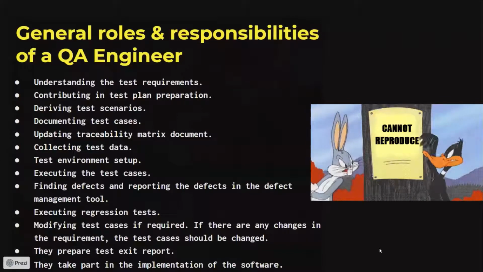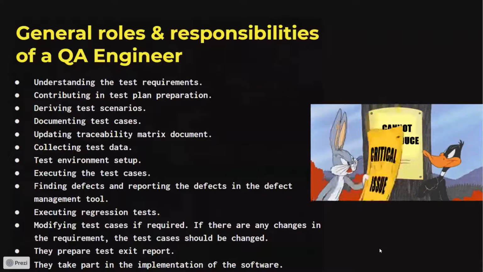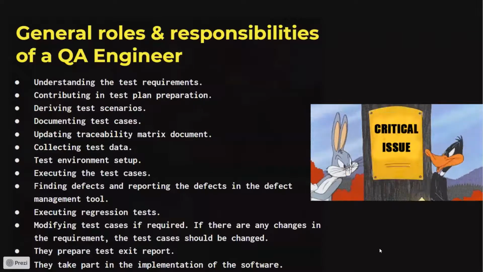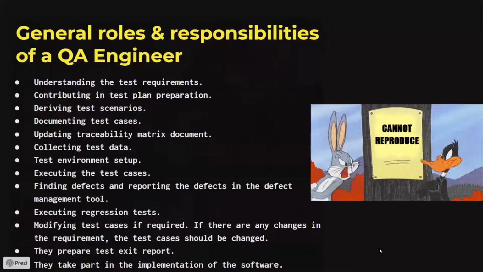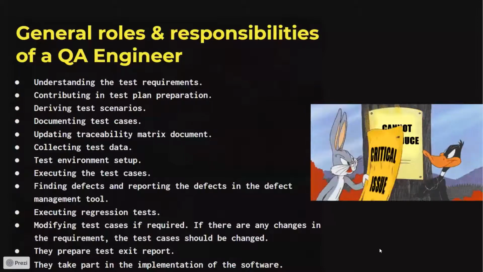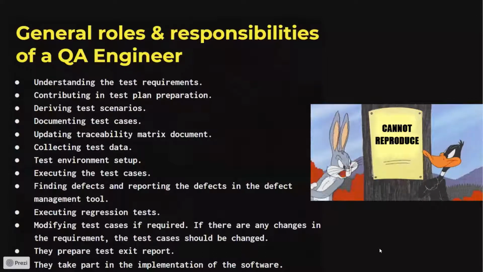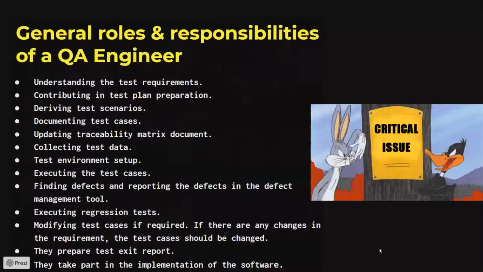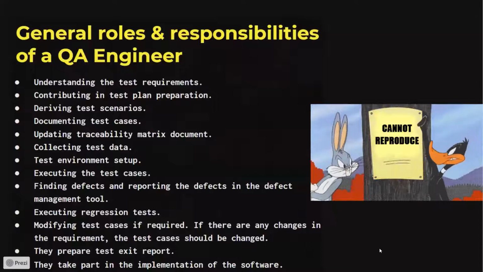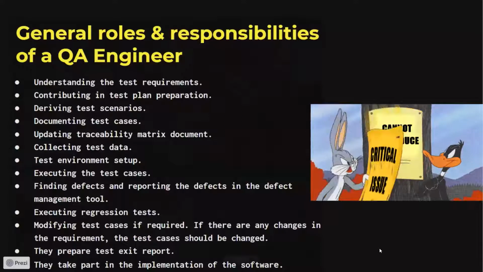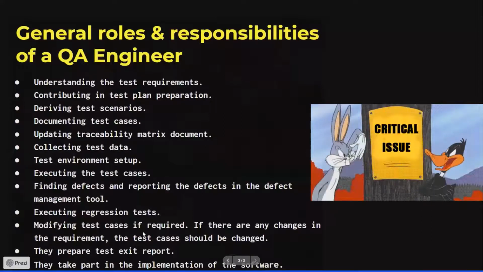And next, executing the test cases. Once the environment is set up and ready, the testers start executing the test cases. Once they execute the test cases, if the testers find any defects, those defects are reported to the defect management tool. What is a defect management tool?